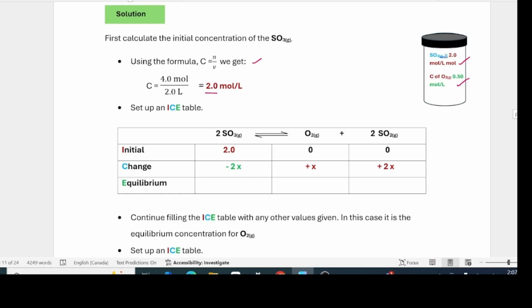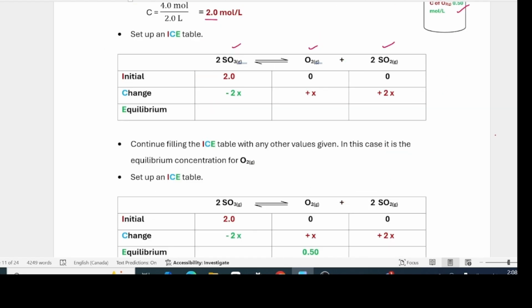Again, we set up what is called the ICE table and show how sulfur trioxide decomposes according to these stoichiometric ratios. 2 moles are decomposing to give you 1 mole here and 2 moles here. Now that we know we are starting with only reactants, definitely it will react to give you products.